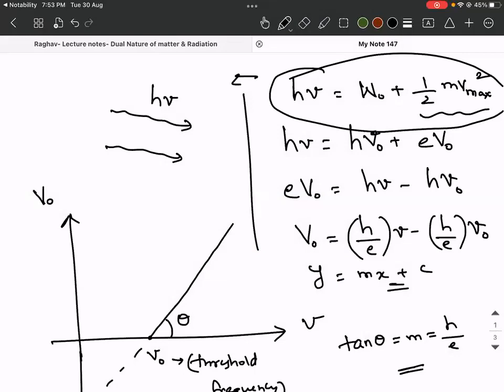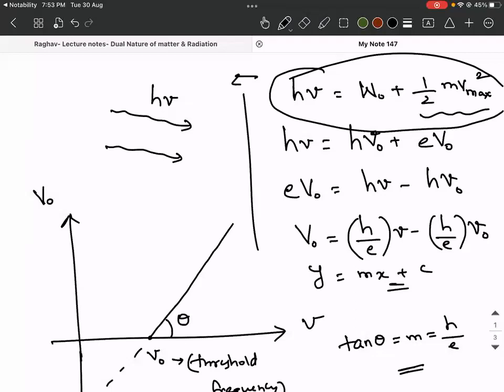So let's try to dissect this equation and understand. First, what is h nu? That is the energy of each photon, according to Planck's theory. The energy associated with each photon is utilized partially to overcome the work function of the matter. What do we mean by work function? It is the minimum energy needed for the electron to escape.